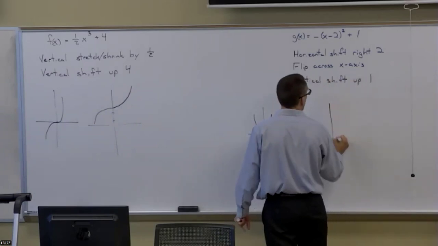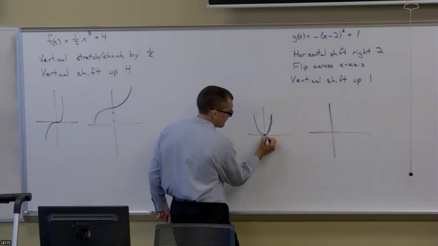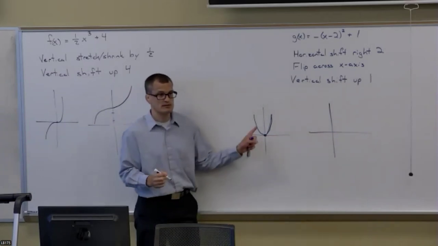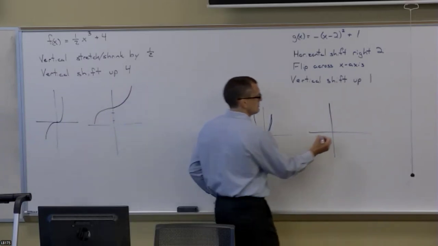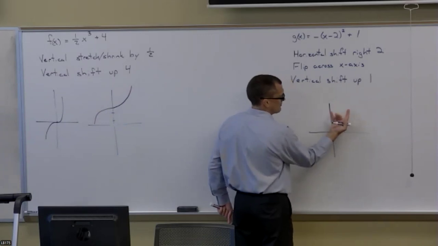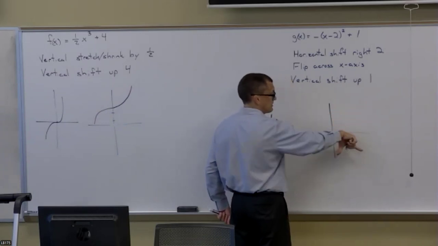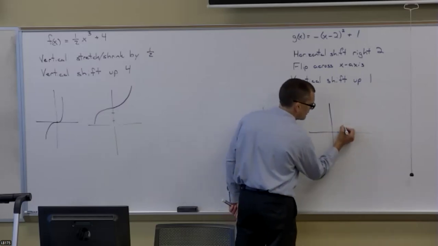All right, but where are we at here? So right 2, I'm just going to track the vertex, the lowest point on the parabola. Shift to the right 2. Then we take the parabola, which was pointing up, flip it so it's pointing down, and then shift it up 1.